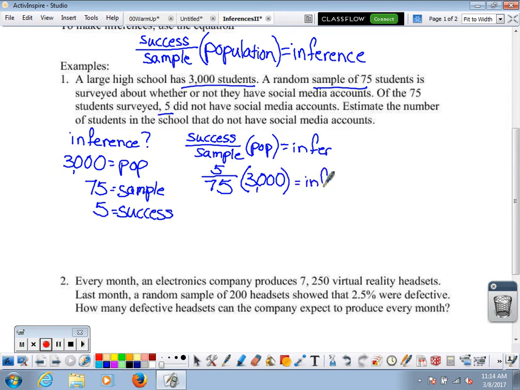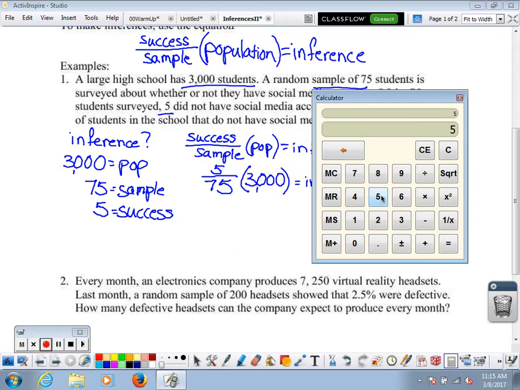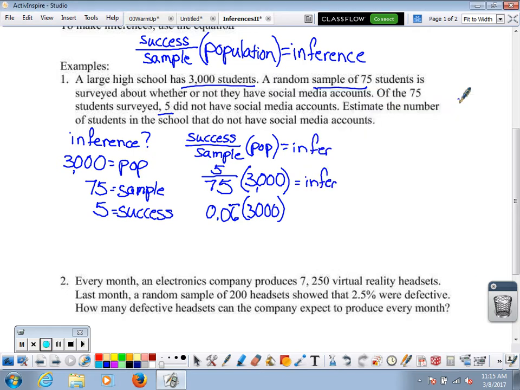That will give us our inference. Well, if we do 5 divided by 75, we'll get 0.06 repeating. So if I multiply that by 3,000, not 30,000, just 3,000, we get 200.